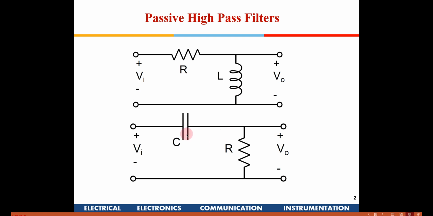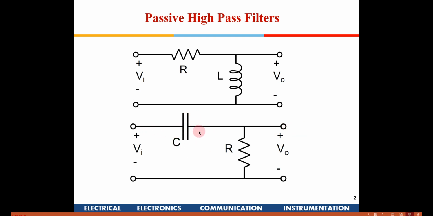The same function can be implemented using a capacitor and a resistance. In this case, we need to swap the positions of the resistance and the capacitor. At low frequencies, the capacitor is going to block, right, because the impedance is 1 by C omega. Here omega comes in the denominator, so it is going to offer a high impedance for low frequencies, so the signal cannot pass through.